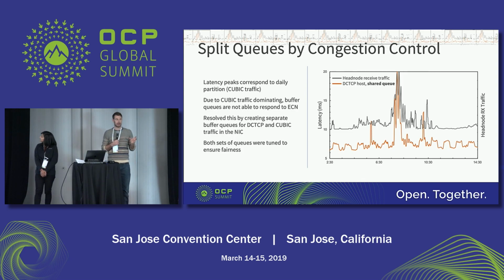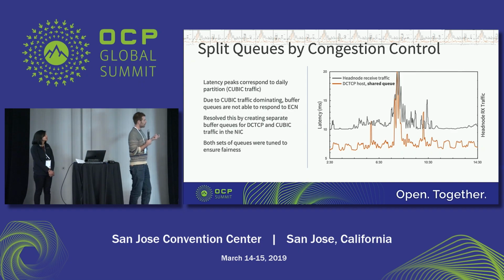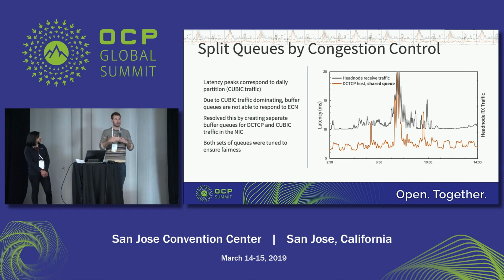All of that is still handled by cubic traffic. Cubic is obviously only drop sensitive. And this means that if we mix these two, the cubic would completely dominate all of the buffers because it wouldn't react until it was dropped.